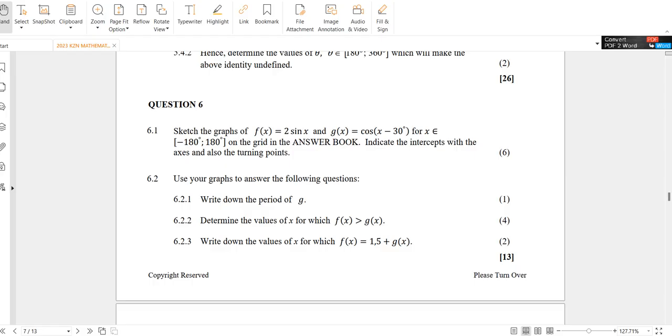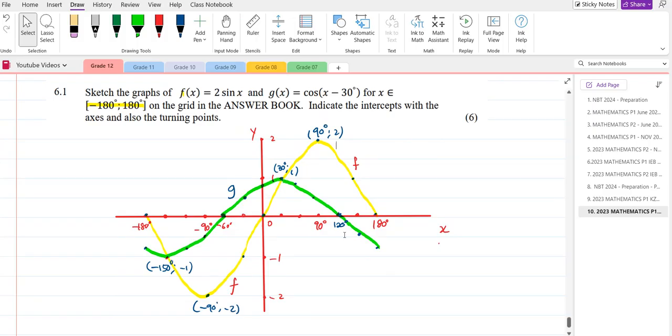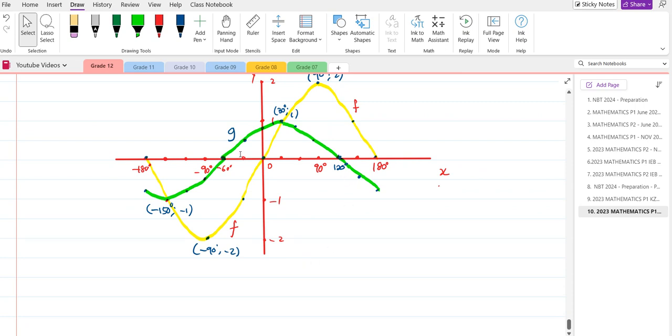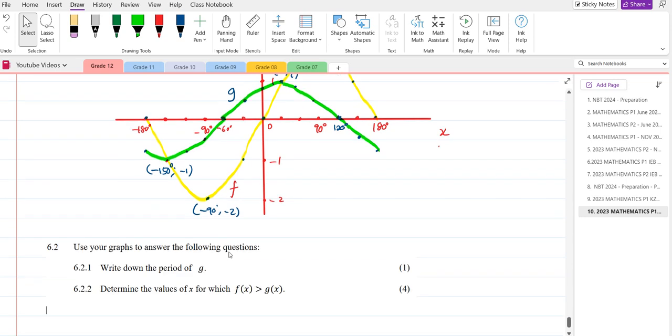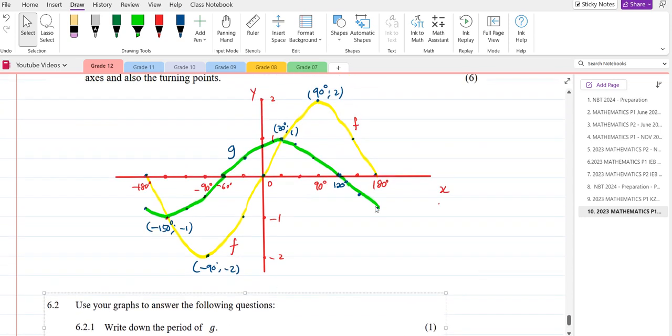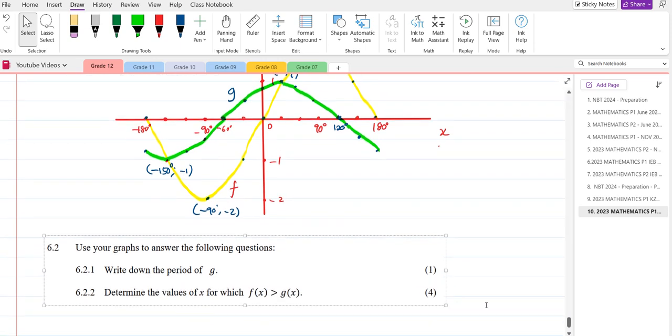Where's the g of x graph? The period of g of x is just 360, because we got half a wave from there to there. Here another half. Half a wave takes 180 degrees, so a full wave will take 360. So the answer is 360.